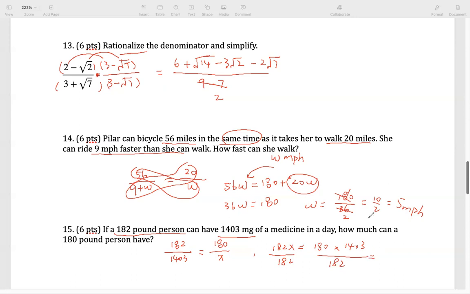And we can press it into the calculator. So let me press it into the calculator. I'm looking for my calculator.